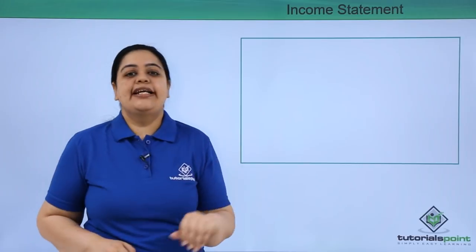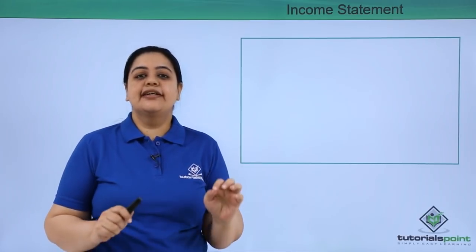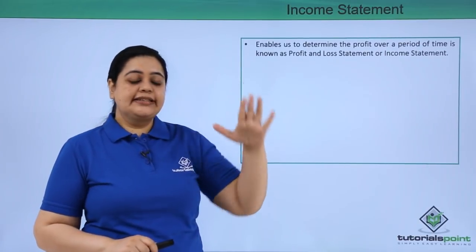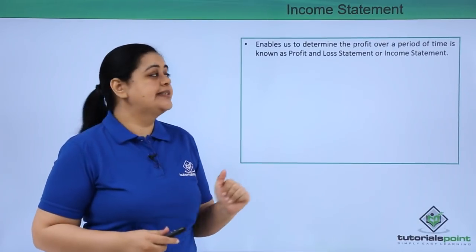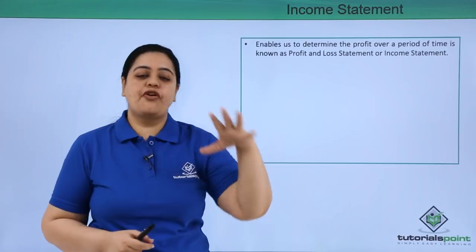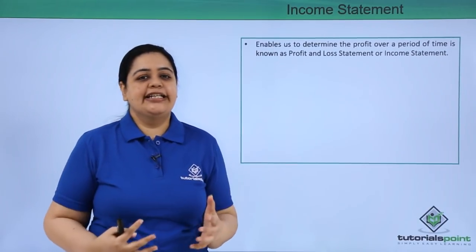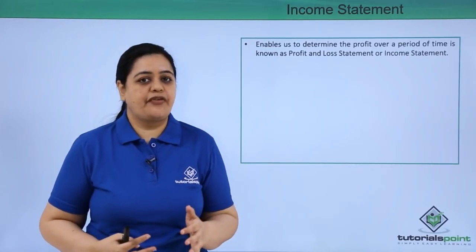Okay, now let's understand what is income statement. See, income statement is a statement which helps a business to determine how much profit they have made for one accounting period. Generally, like in India, we follow the April to March accounting period.